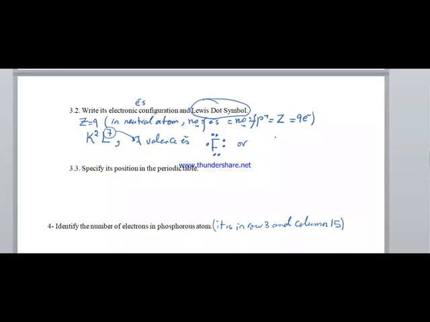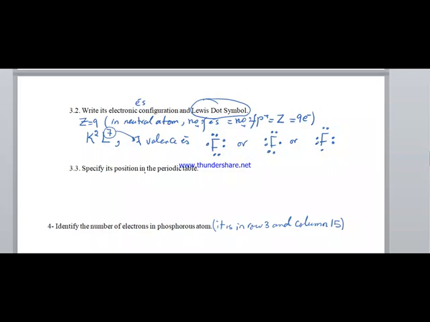Also we can write it as the following, or we can just write the electrons as 1, 2, 3, 4, 5, 6, and 7. We can rearrange these 7 electrons in any direction, and all the following symbols are correct.